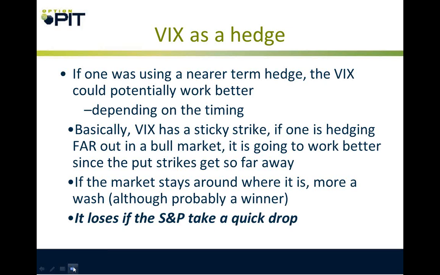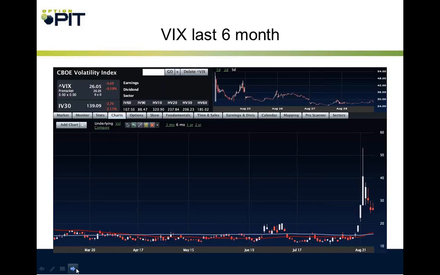Whereas with VIX, if I'd hedged with a long-term VIX 17 call, that sticky strike would have started working right away. So VIX as a hedge is great. This is a 6-month chart. One can see that it can take a while for VIX to work, but once it works, it can really work. I mean, VIX options traded out really well.